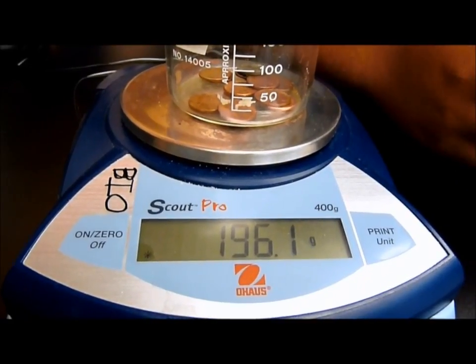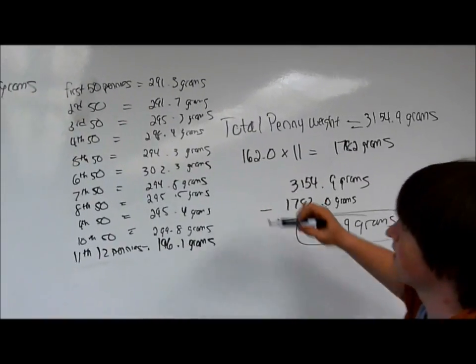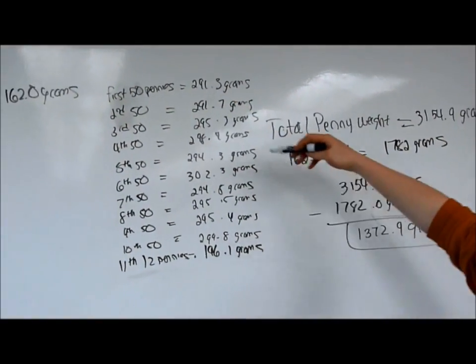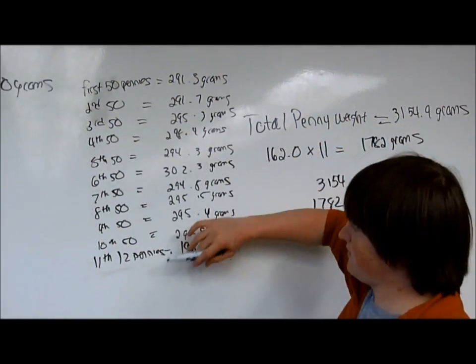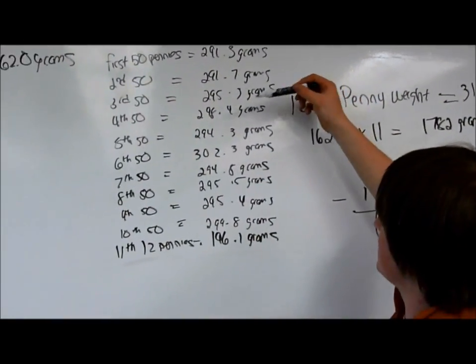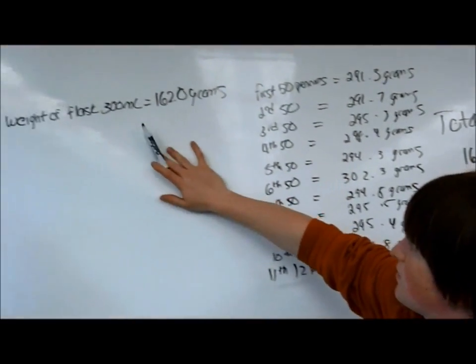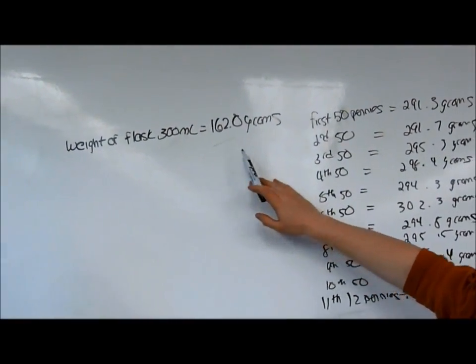What I mathematically did here was I took all the numbers that Josh gave me, all 11 measurements, and I posted them here. We found that the weight of a 300 milliliter flask is 162 grams.